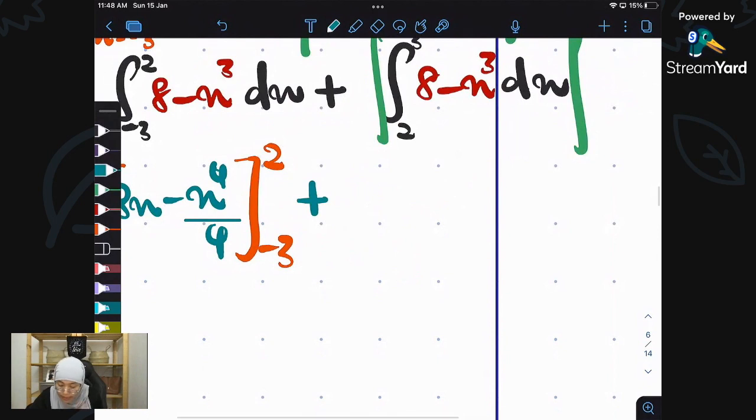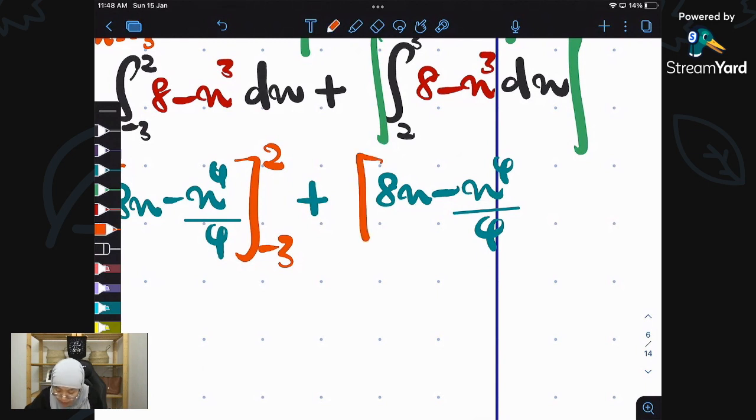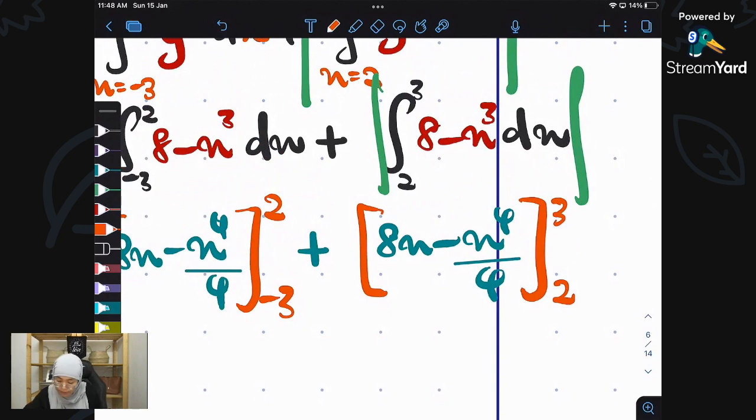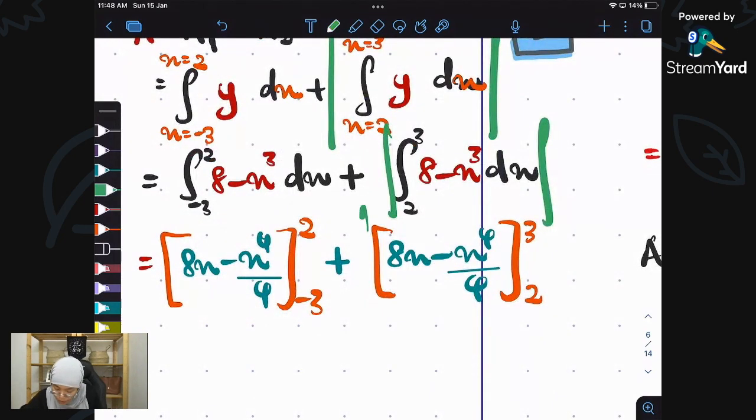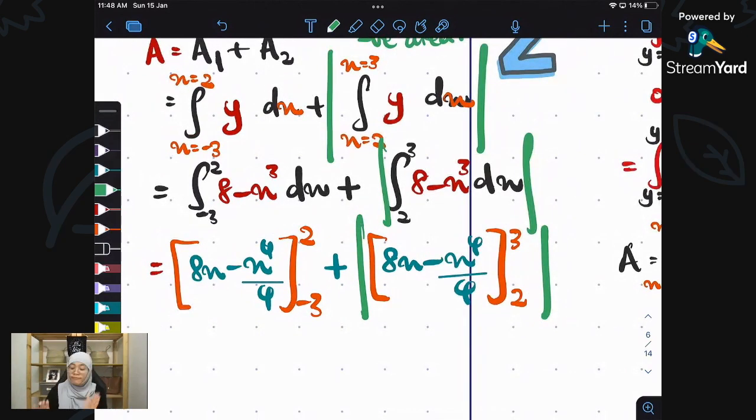So yang belakang ni juga sama. 8x tolak x kuasa 4 bahagi 4. Tapi jangan lupa letak big bracket with 2 and 3. And don't also forget to put palang di situ. So bila dah buat palang di situ, kita tinggal selesaikan macam biasa.